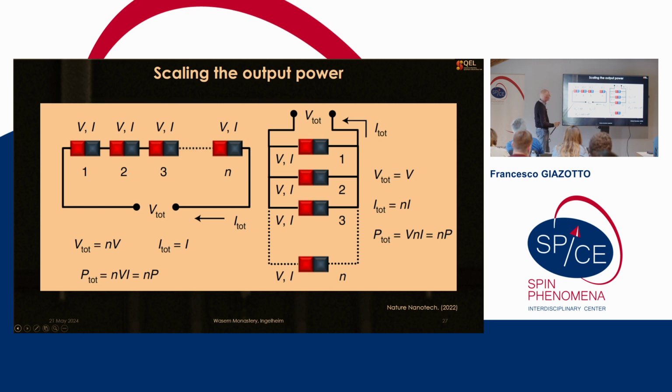If we want to make large power, we can privilege the total voltage just by making a series, so that we add all the voltage drops in the system, or just in parallel. In parallel, we privilege the total current in the system, but not the voltage output. But in both cases, we privilege the total power. It is identical. So it's n times the number of cells that we use in our system.